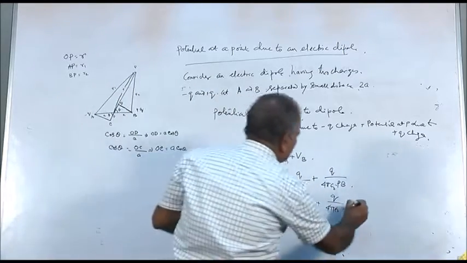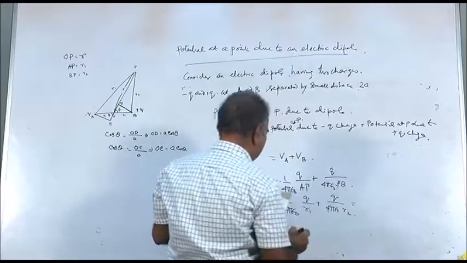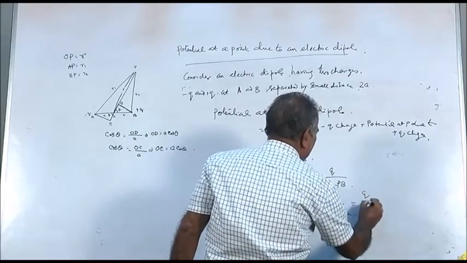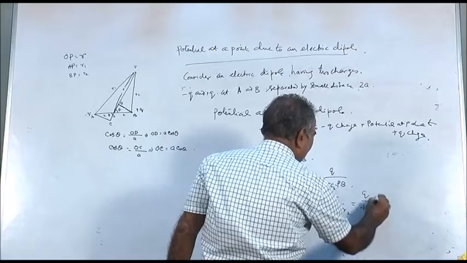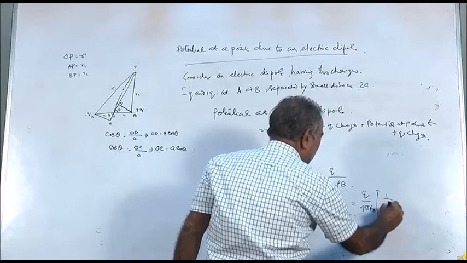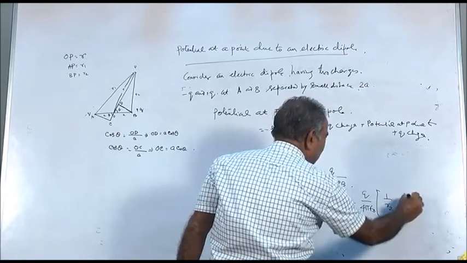So that is equal to q by 4 pi epsilon 0 into 1 by R 2 minus 1 by R 1.